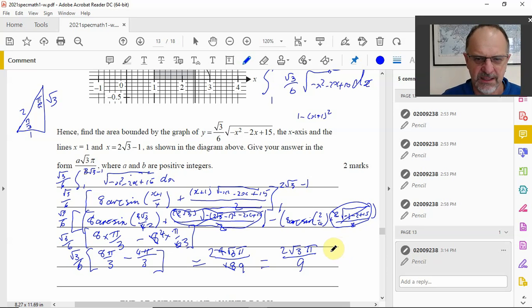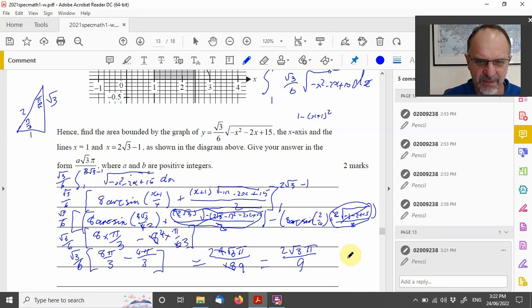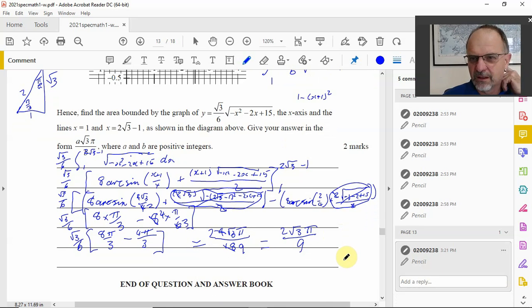All right, so that's the end of this paper. Of course, you should consult your teacher to see what your teacher's view is of how to do it, because there are different options for lots of these questions, and also you should refer to the examiner's report.